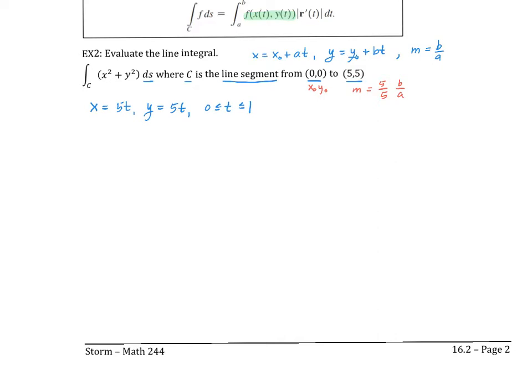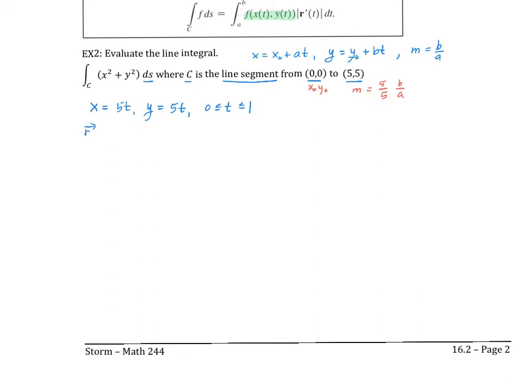So for example, if I took my slope m and reduced it to 1 over 1, b would be 1, a would be 1. So my x would be t and my y would be t. My t values would then range from 0 to 5. However, I'm going to keep this the way it is.